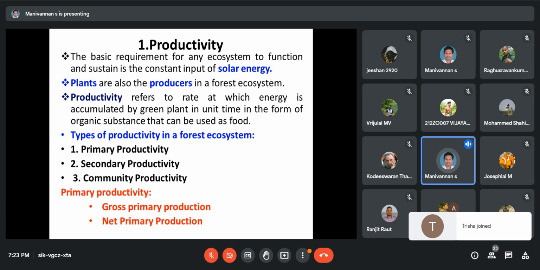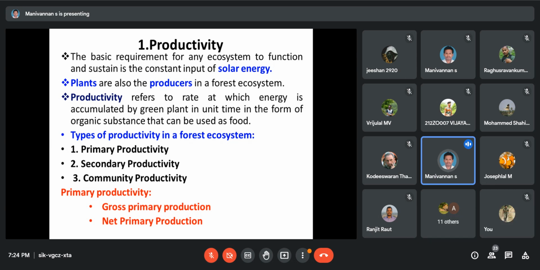I will simply explain what productivity means. Simply explained, the one word is photosynthesis. Photosynthesis means the plant produces energy through the photosynthetic process. So how does photosynthesis occur?